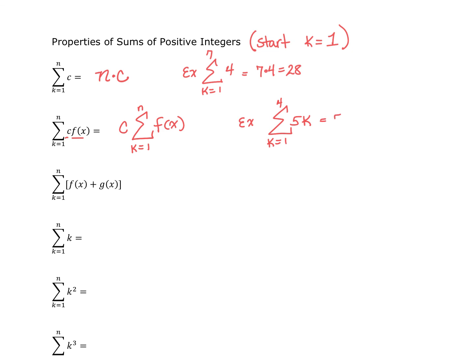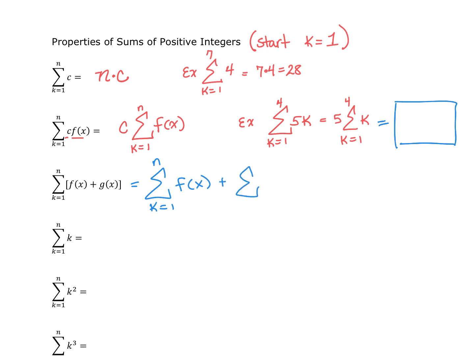We can bring the 5 out in front and have just the sum of the k's, k equals 1 to 4. We'll come back to this in just a moment when we have the rule for the sum of the k's. For our next one, we have a sum of a sum or difference. We can take the sum of the first plus the sum of the second.